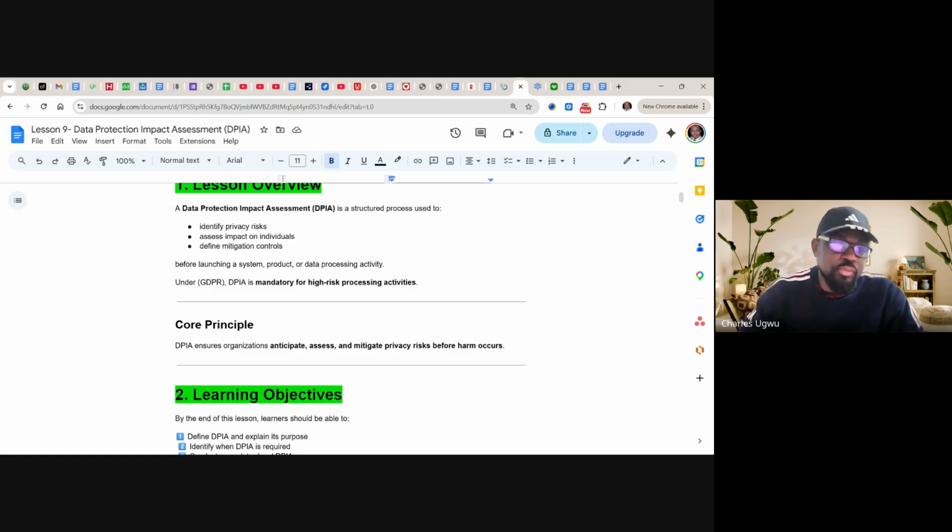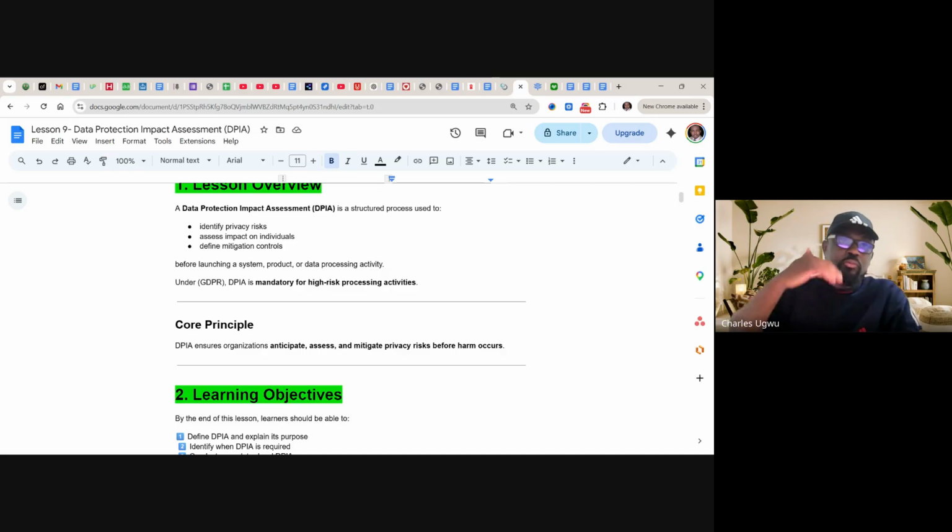The core principle is that data protection impact assessment ensures organizations anticipate, assess, and mitigate privacy risk before harm occurs. So you work ahead of time. You are being proactive. As a matter of fact, companies employ you as a data protection officer not for you to come and start solving their problems, but to help them stop any risk from becoming a reality, from becoming an issue.